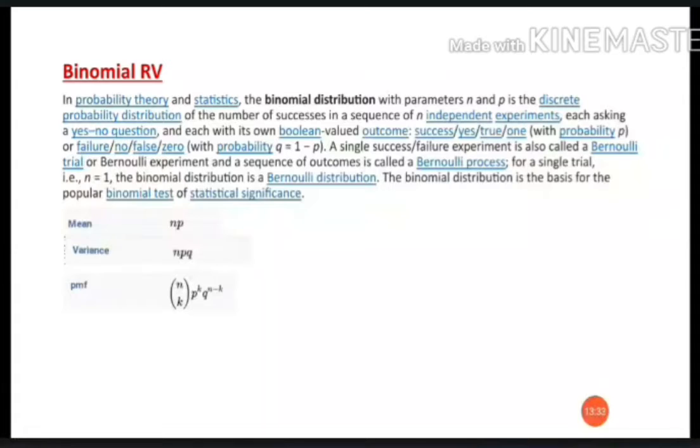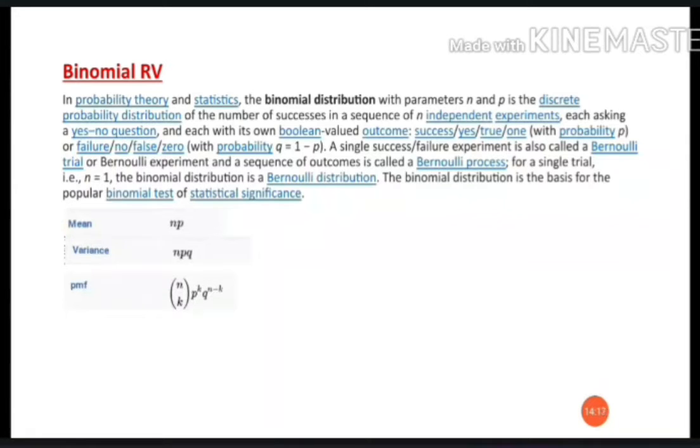Let's have a look at the binomial random variable now. In probability theory and statistics, the binomial distribution with parameters n and p is a discrete probability distribution of the number of successes in a sequence of n independent experiments, each asking a yes or no question, and each with its own Boolean valued outcome: success (yes, true, 1) with probability p, and failure (no, false, 0) with probability q, which is 1 minus p.